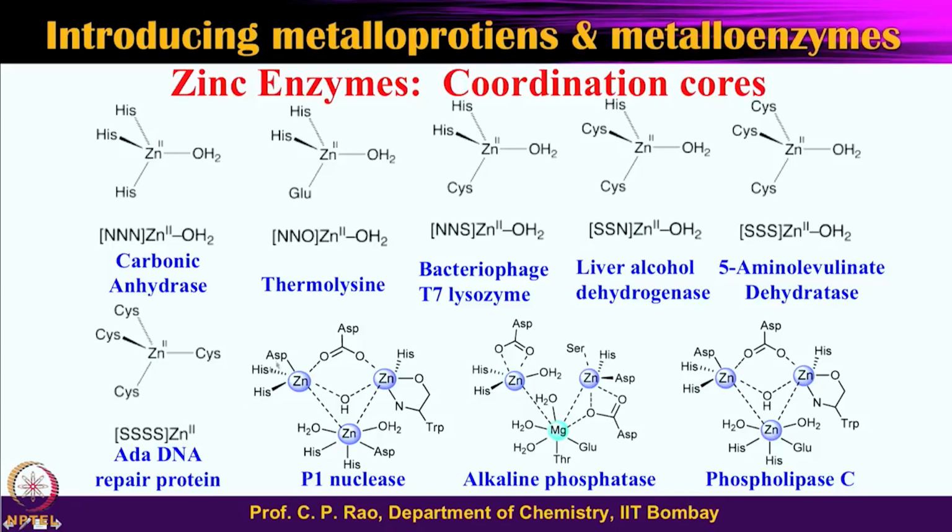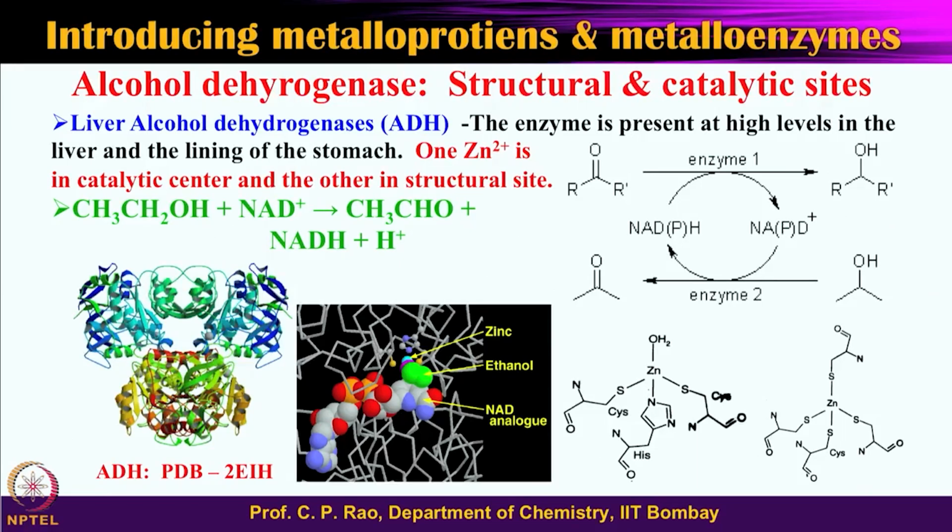Then you have nuclease enzyme, you have alkaline phosphatase enzyme where the 2 zinc centers will help one to bind, one to attack, etc. We have already seen a similar kind of thing with acid phosphatase with the iron, and alkaline phosphatase with the zinc, and then you have phospholipase. So, we will be looking at several of these centers as we go across. So, let us start with the first enzyme.